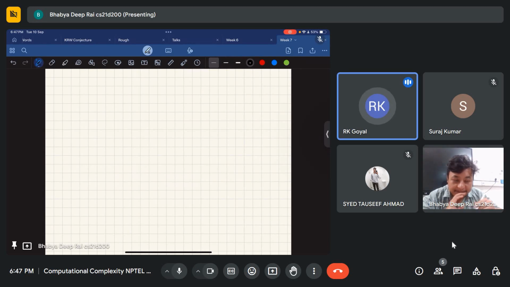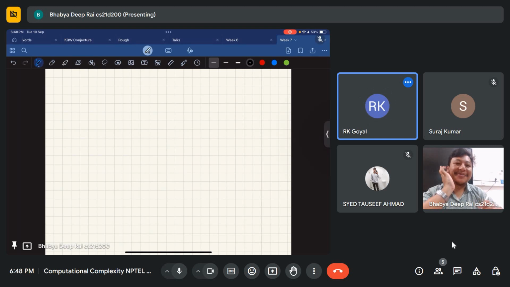So say if a language is an element of NP, then what does it mean that this language is decidable by a non-deterministic Turing machine in polynomial time? So this is one thing. And if we draw an equivalence, I mean, if we draw a circuitry corresponding to the behavior of the NTM, the non-deterministic Turing machine, then how is that possible? A circuitry which is completely deterministic and takes a definite number of inputs, is having a definite structure.